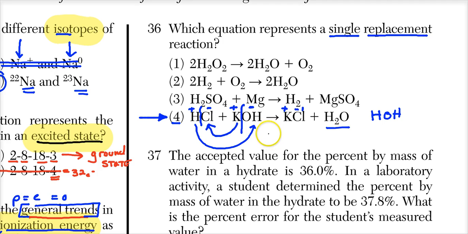Now, what else do we have? Well, in choice 1, we have one thing breaking apart into smaller pieces. This is decomposition, sometimes called analysis, because you're analyzing what it's made out of when it breaks down.